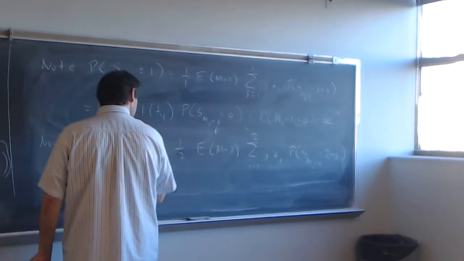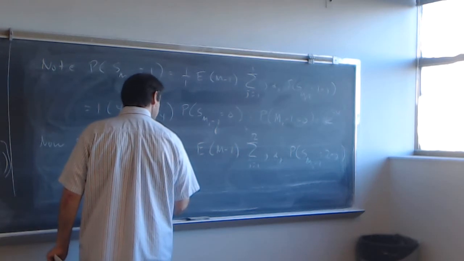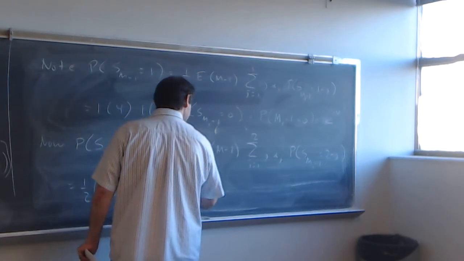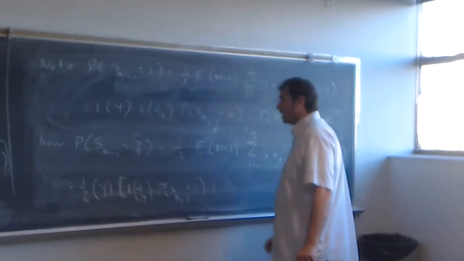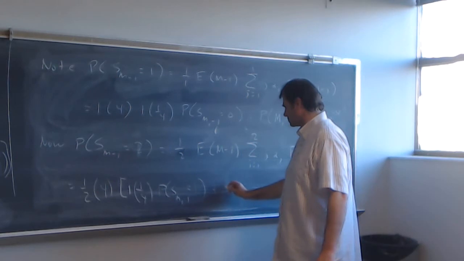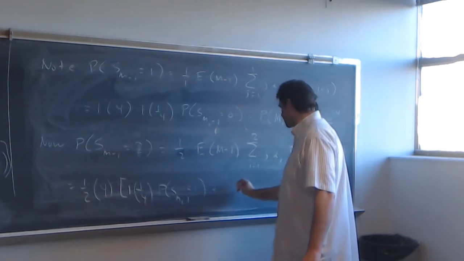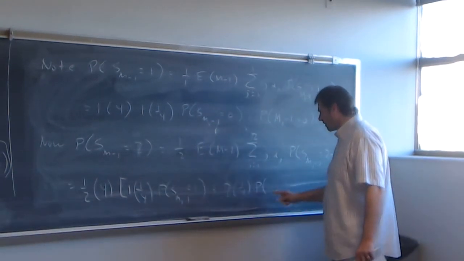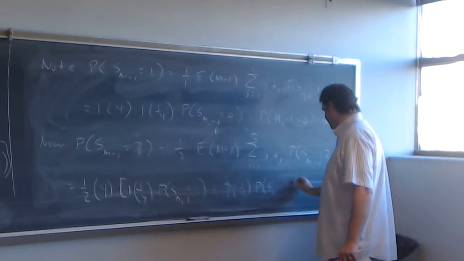And now we're going to have a sum, and the sum is going to be 1 times 1/4 times the probability that S of m sub 1 minus 1 is equal to 2 minus 1, which is 1, plus 2 times 1/4 times the probability that S of m sub 1 minus 1 is equal to 0.